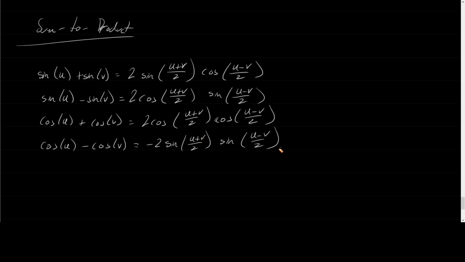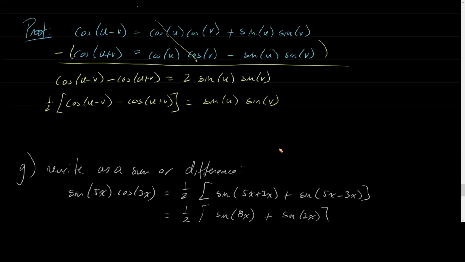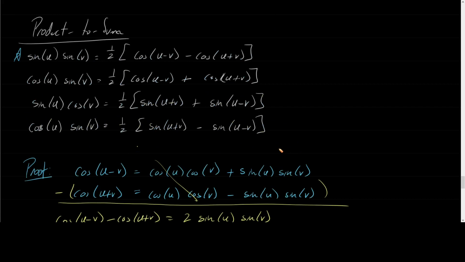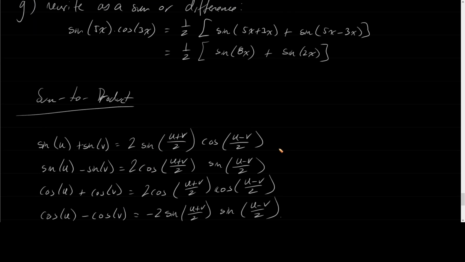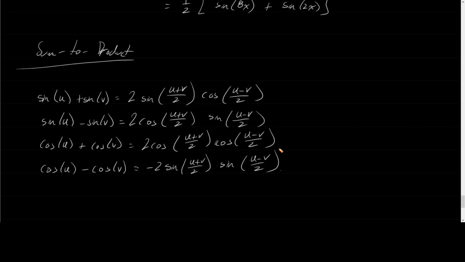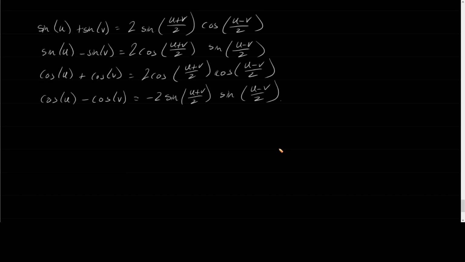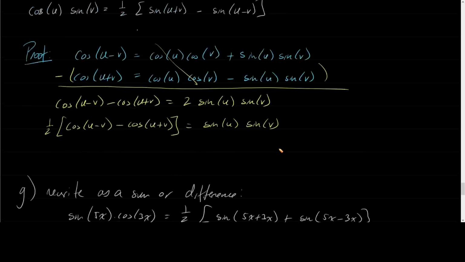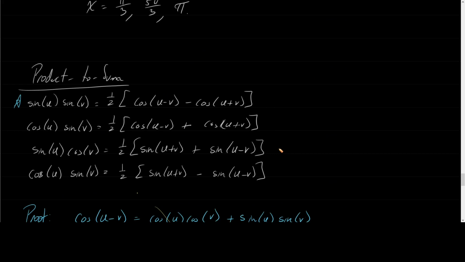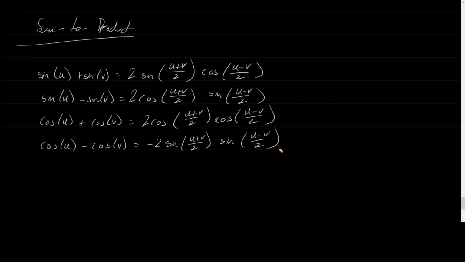Now, as far as where these come from, well, very simple. They come from these. I won't prove that one, or any of these, but I'll let you figure that out on your own. It's good practice to try to figure out where these come from, but again, the hint is they come from here somehow.